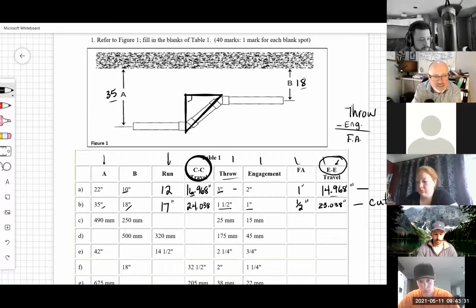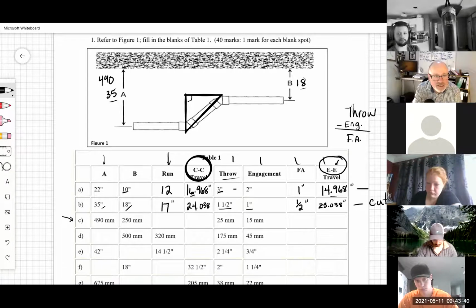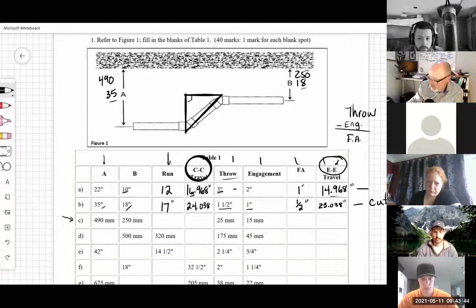Let's move on to C. So I'm just doing a bunch of examples with you here. So if this is 490 and this is 250 mils, what is my run? 490 minus 250. My run is going to be 240 millimeters.